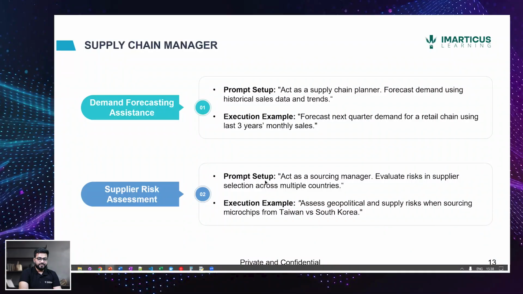Supplier risk assessment: we set up the prompt and give the act. Act as a sourcing manager, evaluate risk in supplier selection across multiple countries. Execution example: assess geopolitical and supply risk when sourcing microchips from Taiwan versus South Korea.